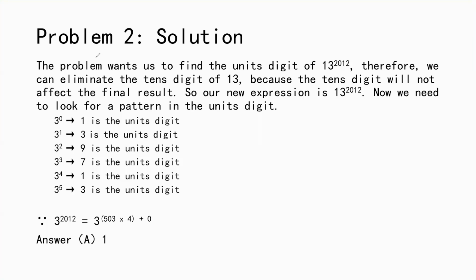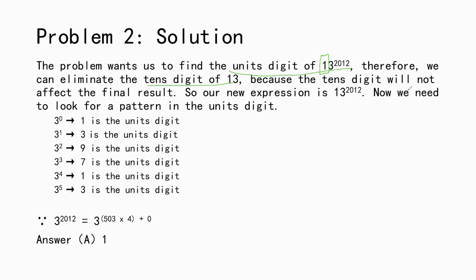Here's the solution. The problem wants us to find the unit digit of 13 to the power of 2012. Therefore, we can eliminate the 10th digit of 13, because this 1 in the 10th digit of 13 does not contribute anything to the result.